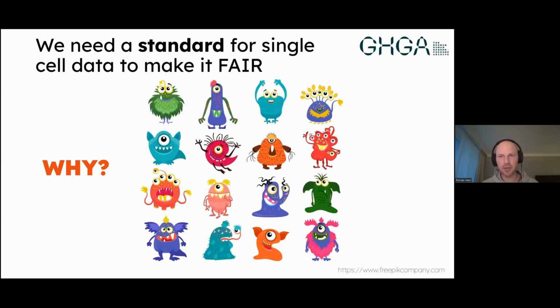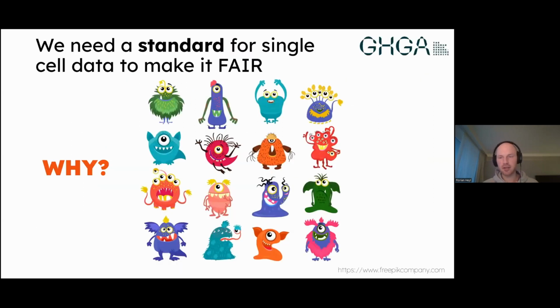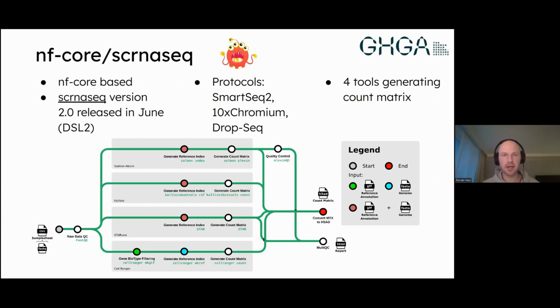So in GHGA, we really try to make the data we get FAIR, but also the data analysis, meaning that we want to find a good standard that can be used in 10, 20 years. And we are currently working on a pipeline in Nextflow. So Nextflow is a workflow language.